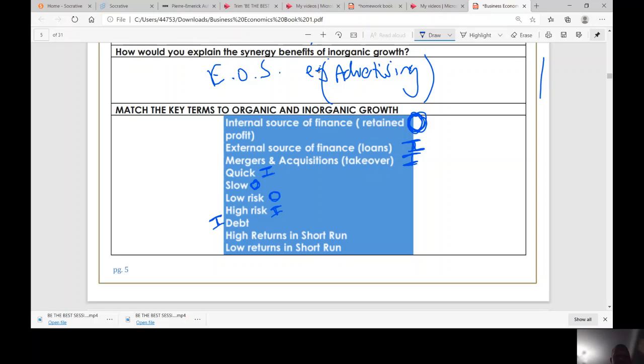Inorganic growth will increase the debt of the business. It has high returns in the short run, because you're buying a fully made company, and organic growth will have low returns in the short term. So until you gain scale, it will be harder for you to make profit. That also leads to some of the costs and benefits of organic and inorganic growth too.